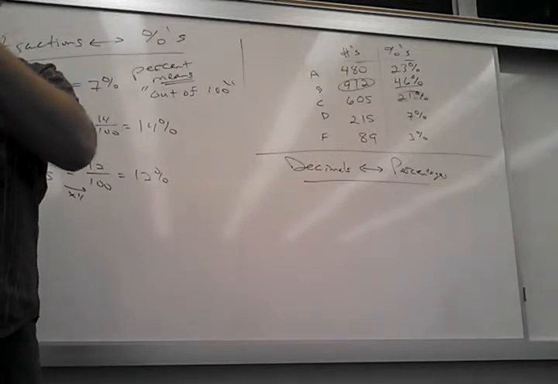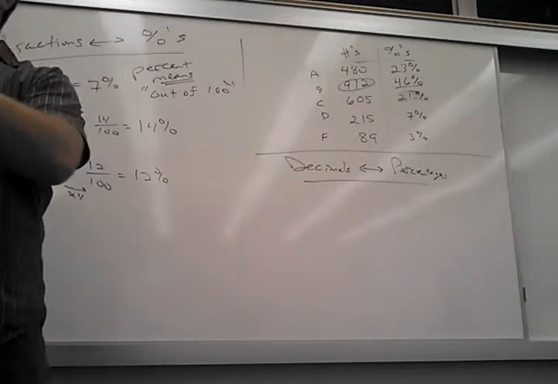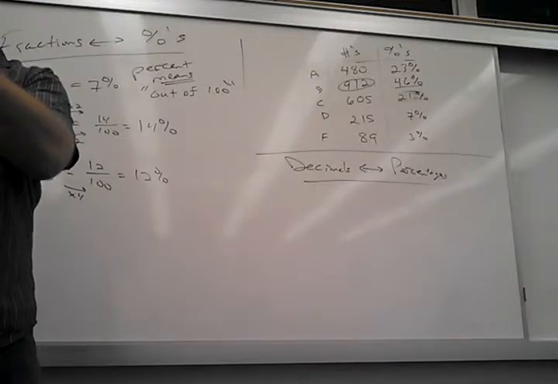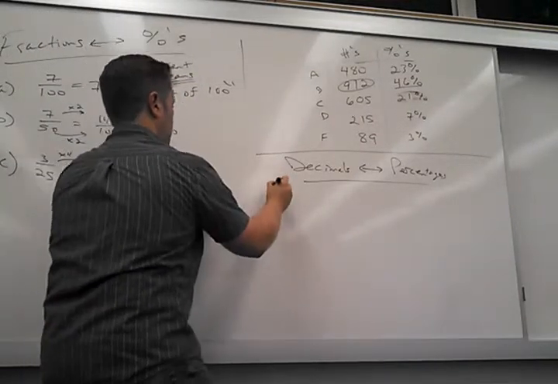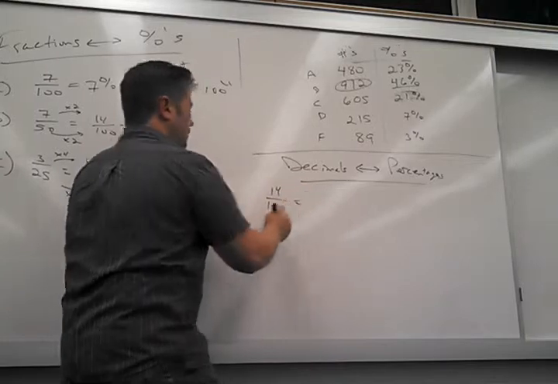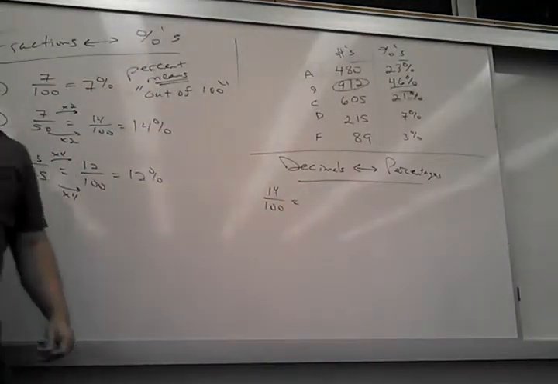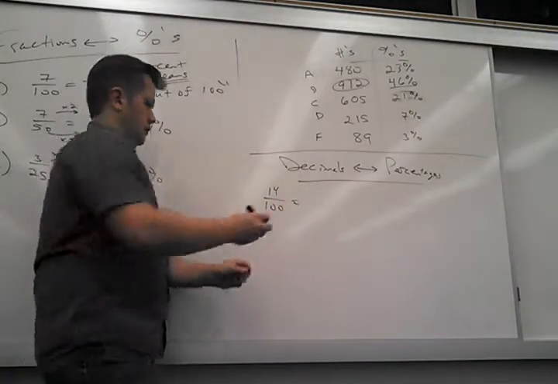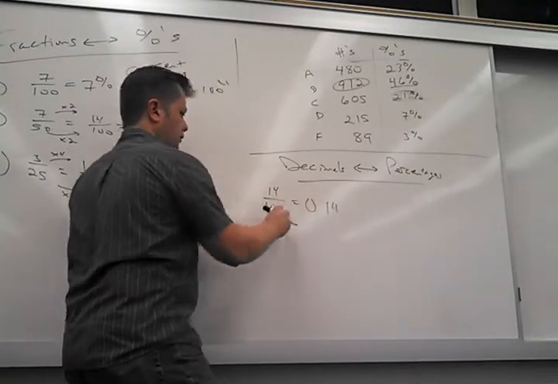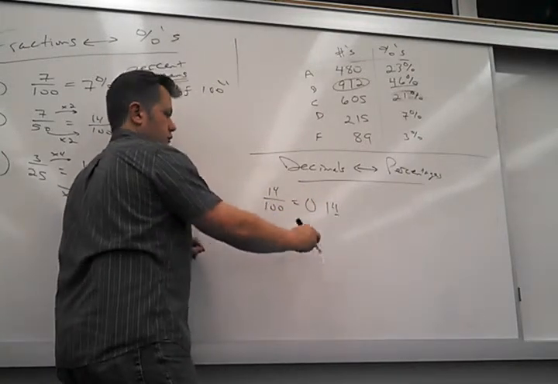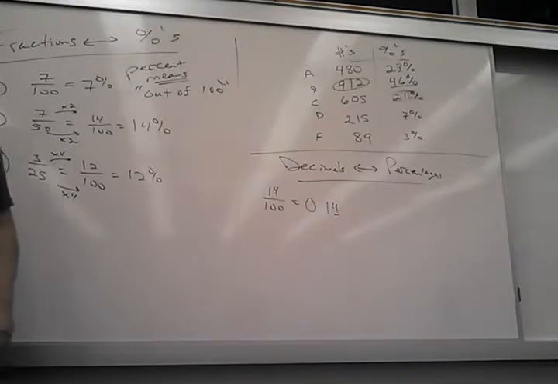So this whole idea of percentages being out of 100 should jive directly with decimals. So take an example over here. 14 over 100, what does that look like as a decimal? Yep, 0.14. Hundredths place is right there. So 0.14 would be 14 hundredths.